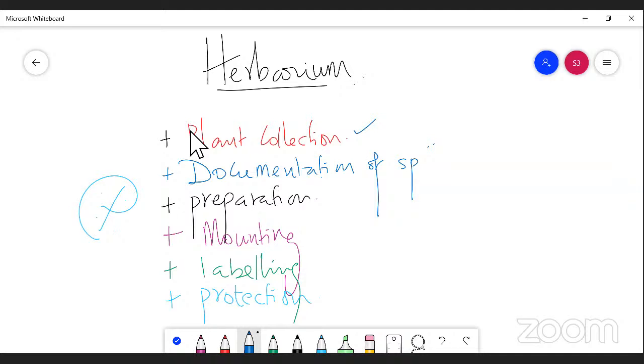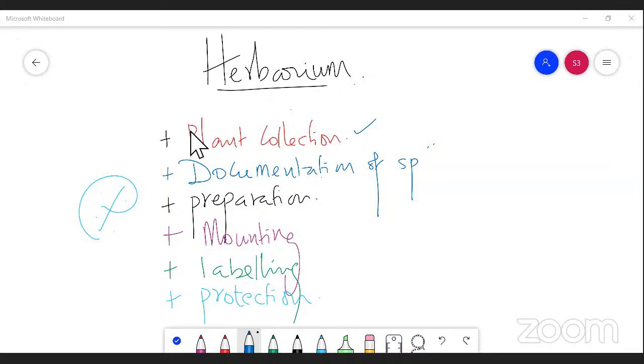You mentioned what steps are involved, dear students? Firstly, we discussed the definition and meaning of herbarium, in which some steps are involved. Could you mention the steps, dear students?